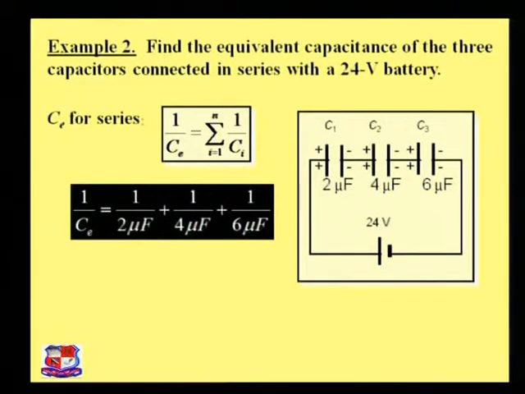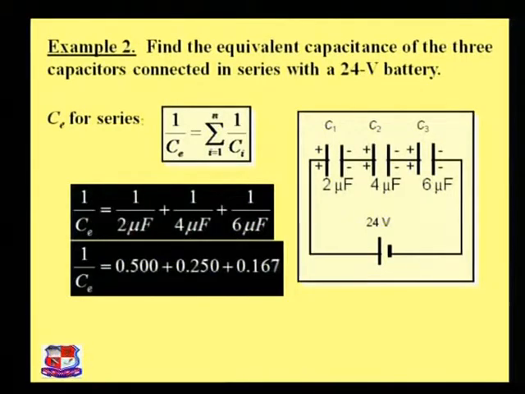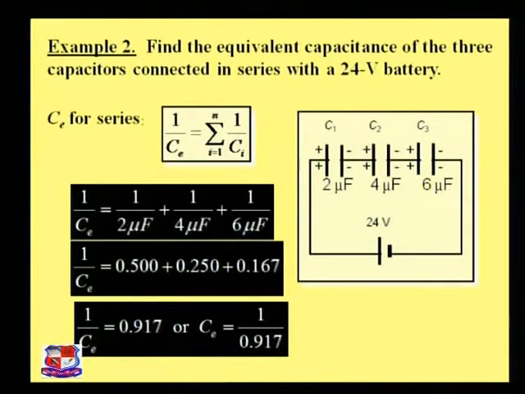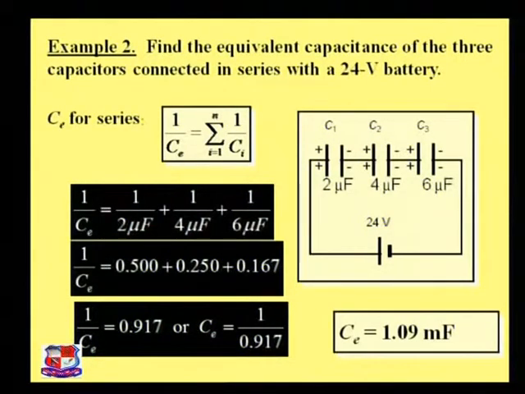By solving that we find that 1 by C equals 0.917, so C equals 1.09 microfarad, or 1.09 millifarad, that is 10 raised to minus 3 farad. So ultimately if you are connecting the 24 volt battery to the series capacitors, then you get an equivalent capacitance of 1.09 millifarad.